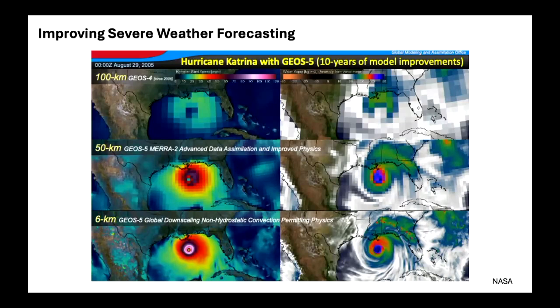Another common area where we could see this application is to improve severe weather forecasting, right? So this is just a case where the cloud resolving models are used to simulate tropical cyclones.